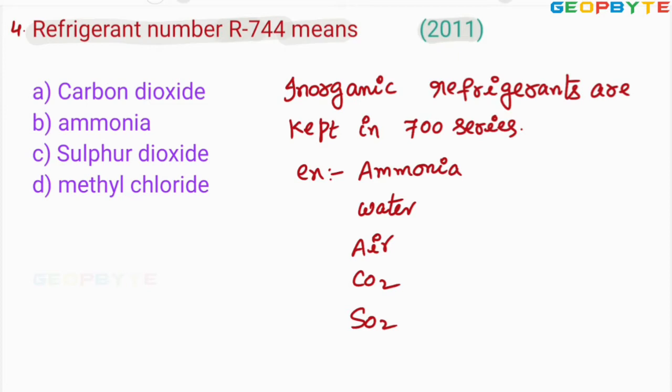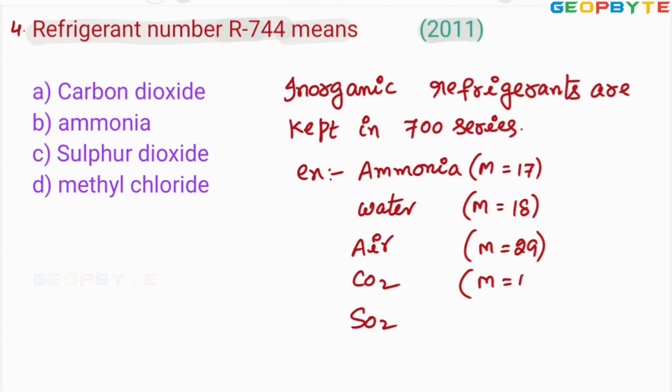Here the molecular weight of ammonia is 17. Molecular weight of water, H2O, is 18. Air molecular weight is approximately 29. Carbon dioxide molecular weight is 44. SO2 molecular weight is 64.